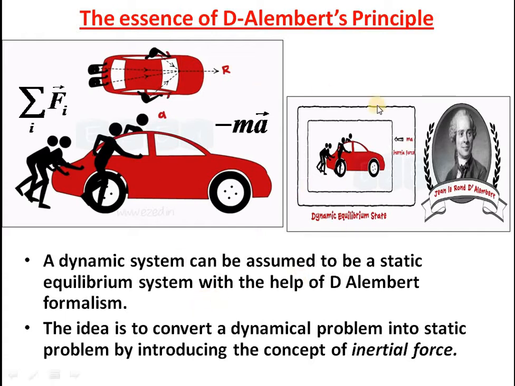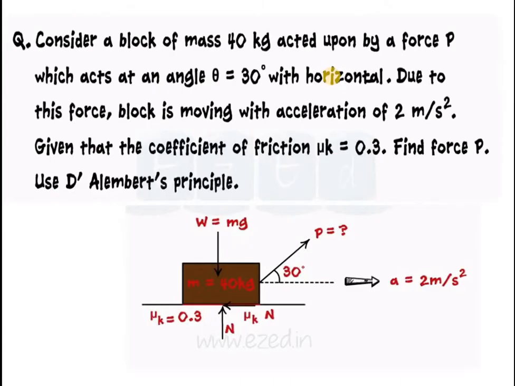This is a visualization or an intuitive idea. That is where the intellect of D'Alembert comes. By assuming it like that, you can solve many problems and you will get identical results as those of Newton's law.